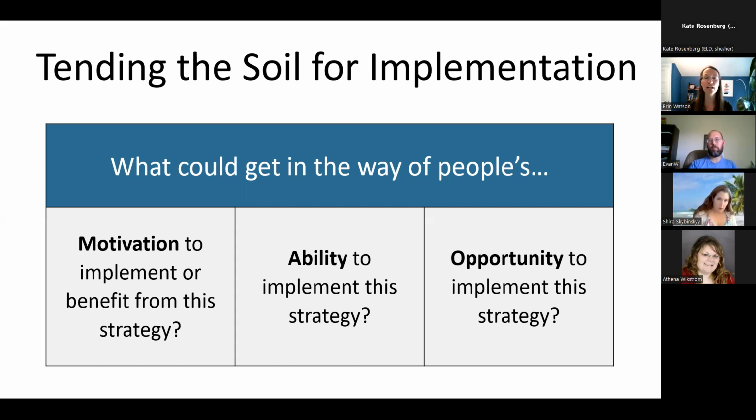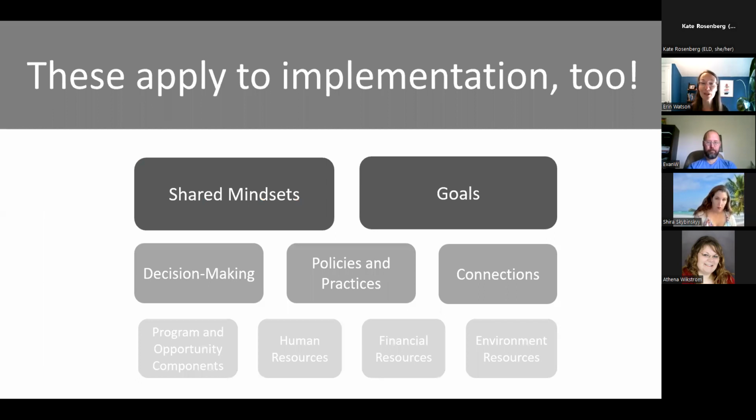So here is the golden tip for you today. When you're thinking about what's going to get in the way of these three things, you can think about the same ecosystem conditions that I've reinforced in your mind 100 times. You're going to have these tattooed somewhere on your body, because this is the same kind of stuff that gets in the way of implementation as well.